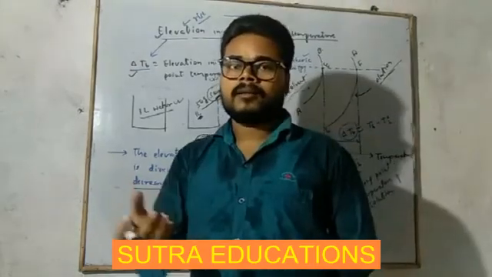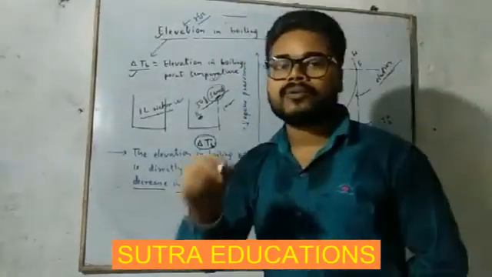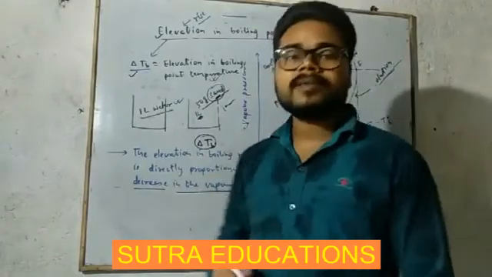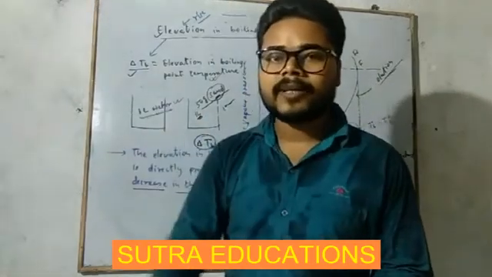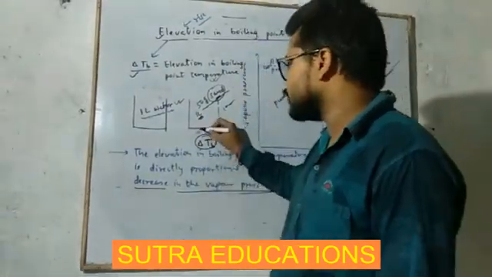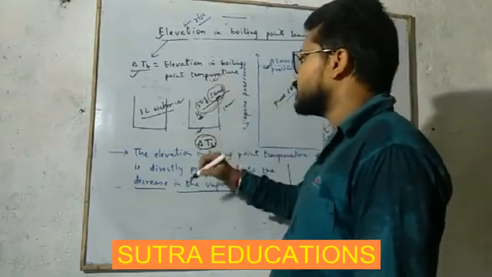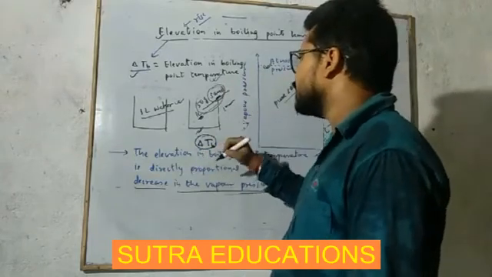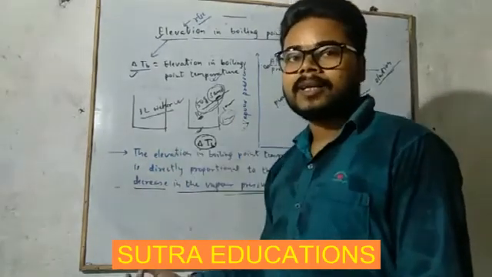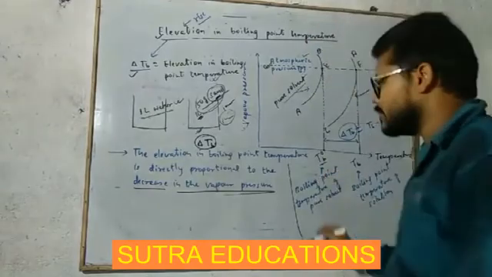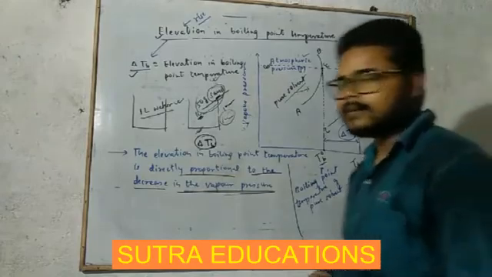This time the vapor formed will be lesser. Again if you add 200 gram sand particles in water, the amount of vapor formed will be reduced further. In the case of 100 gram of sand you have to heat comparatively less than when you add 200 gram of sand. So we can say the elevation in boiling point temperature is directly proportional to the decrease in the vapor pressure.